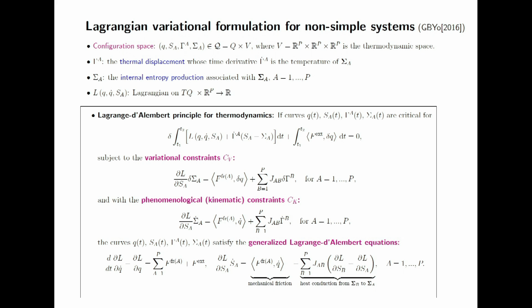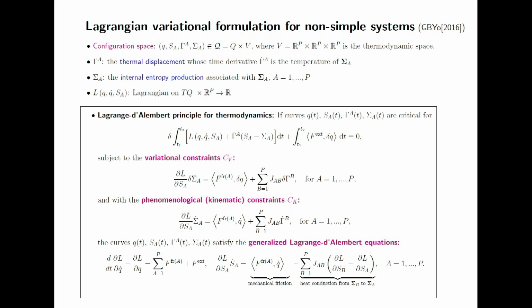Now, this is what we already proposed, a Lagrangian variational formulation. Let's consider a configuration space for full thermodynamic systems. It is a direct product of Q times V, where Q is the mechanical configuration space and V is the space for extended thermodynamic systems.